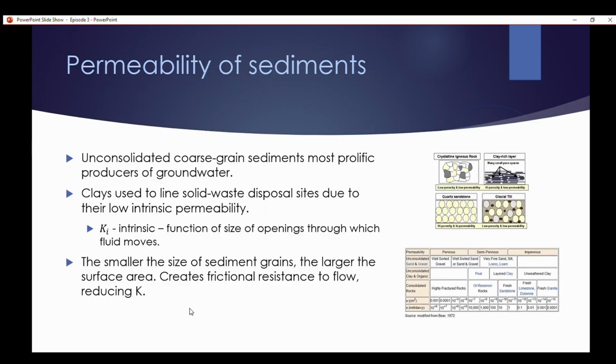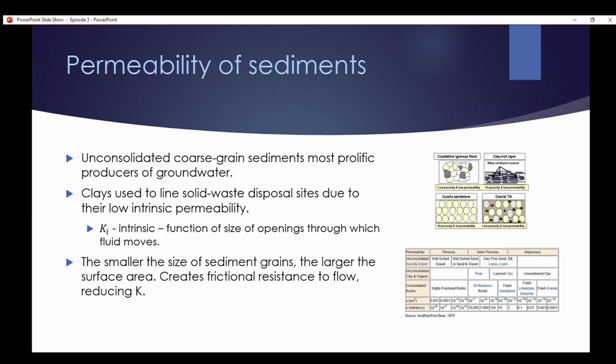And then we're getting into permeability of sediments. Unconsolidated coarse grained sediments are the most prolific producers of groundwater. Clays are used to line solid waste disposal sites due to their low intrinsic permeability. Like I was talking about earlier, they are deposited originally basically in sheets on top of each other. So the horizontal conductivity is not bad.